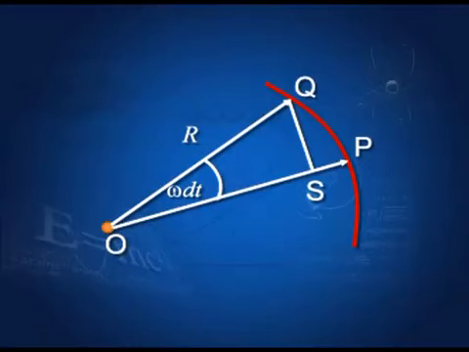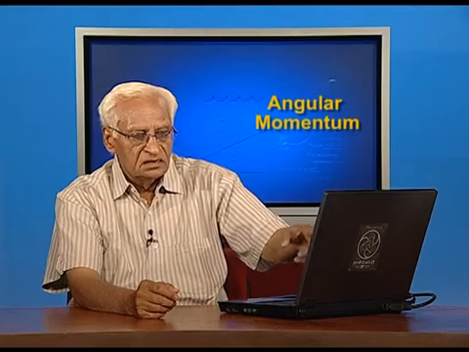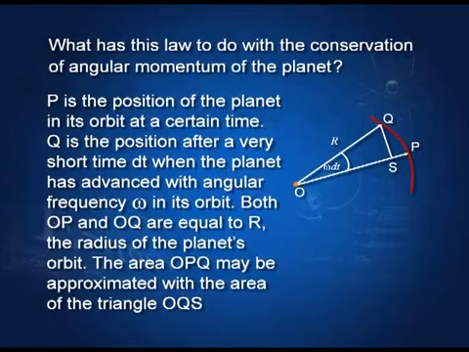Let me show you this. Here is the planet at the position P, this is the sun, and in a very short time it goes to Q. If omega is the angular velocity, then the distance PQ is almost equal to R omega dt. Although this is shown as very far apart, actually I have taken a very short distance.